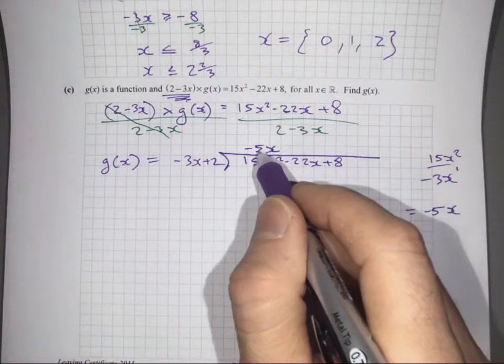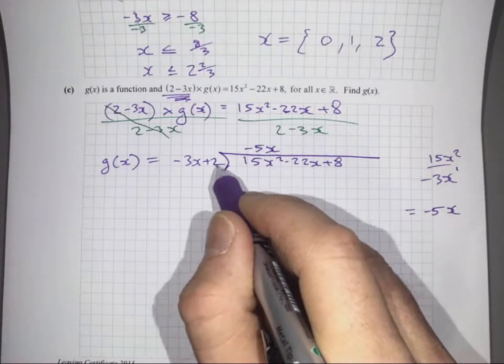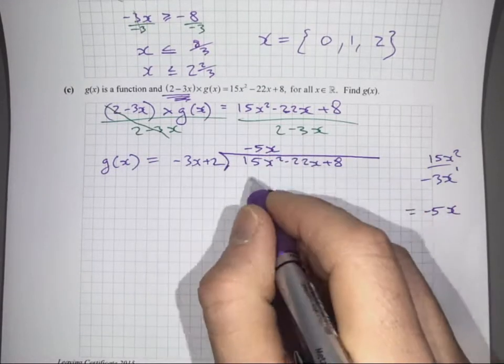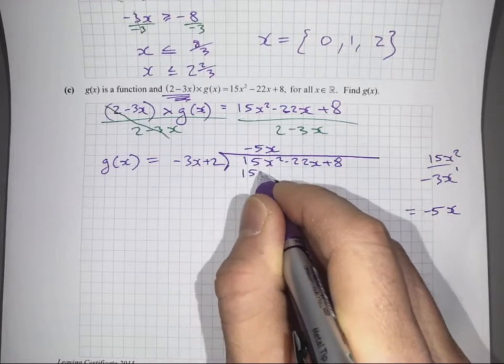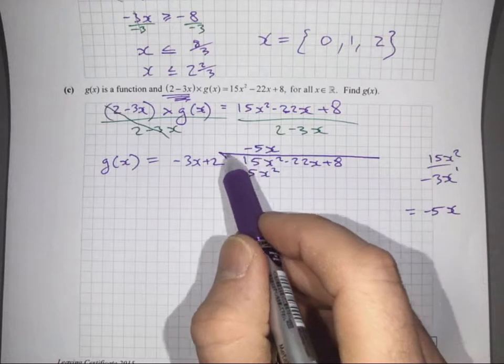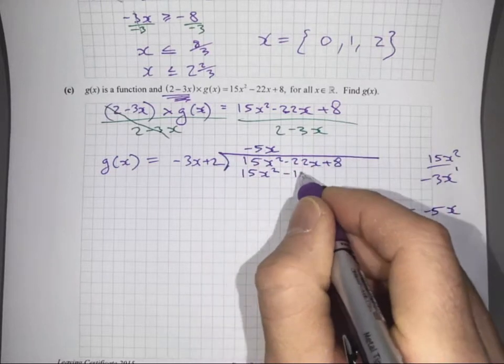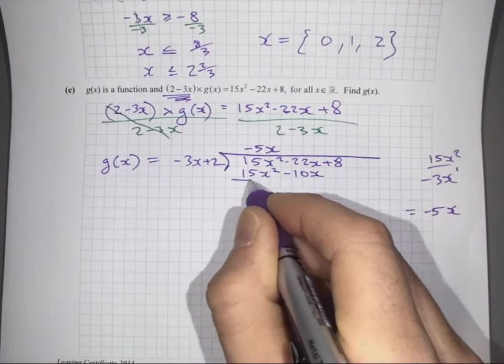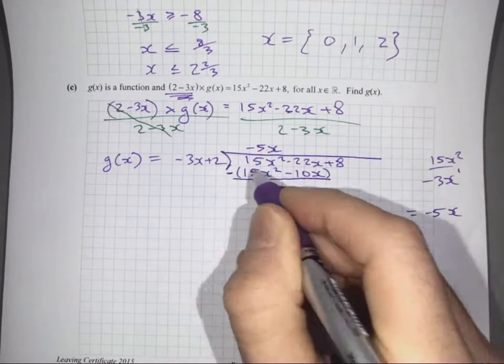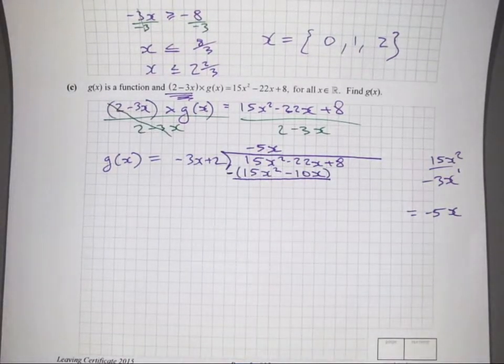Now we're going to multiply minus 5x by everything here. Minus 5x times minus 3x will give us 15x squared. And then minus 5x times plus 2 gives us minus 10x. We draw a line here, and then we're going to subtract this. Put brackets around them and a minus sign there.